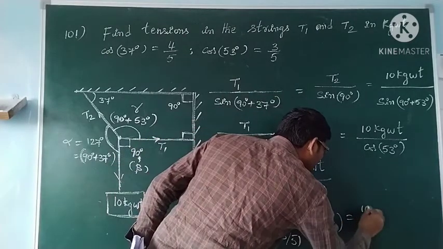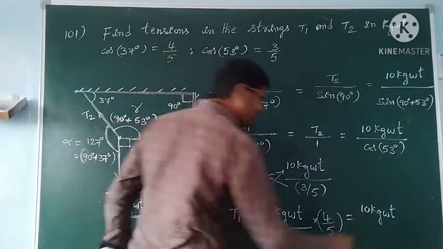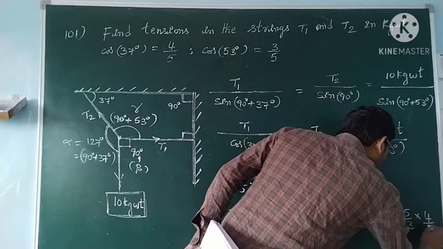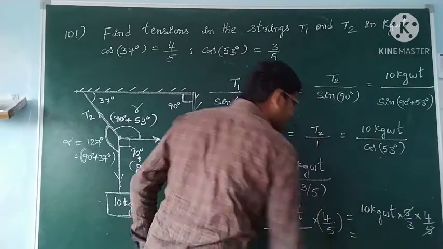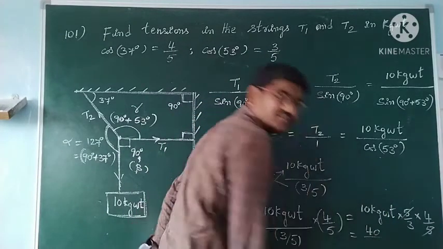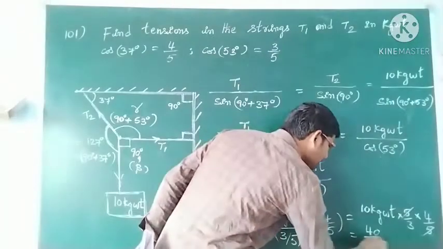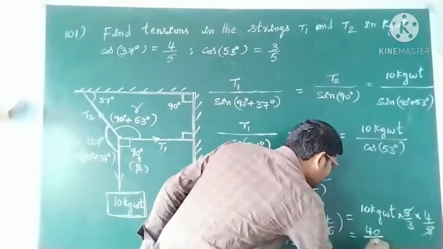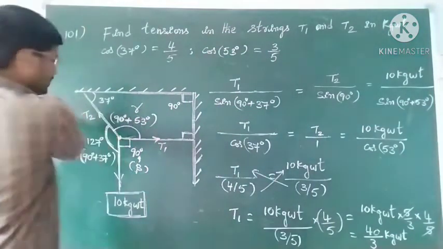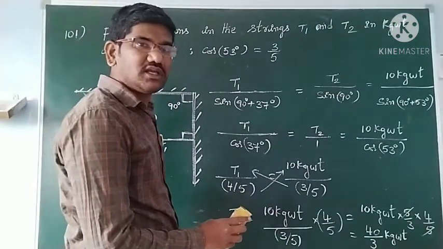Then you will get 10 kilogram weight into this 3 by 5 becoming reciprocal 5 by 3, times 4 by 5. 5 gets cancelled, so we will get 40 by 3 kilogram weight. So T1 value we are getting is 40 by 3 kilogram weight.